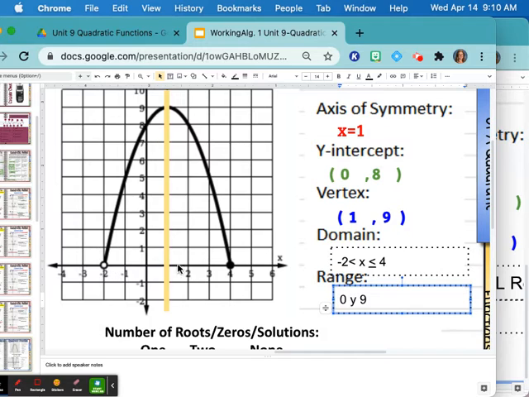Is 0 included? It's not included over here, but it is included over here. So we'll do less than or equal to on this one. Is 9 included? Yeah, so it's less than or equal to also.